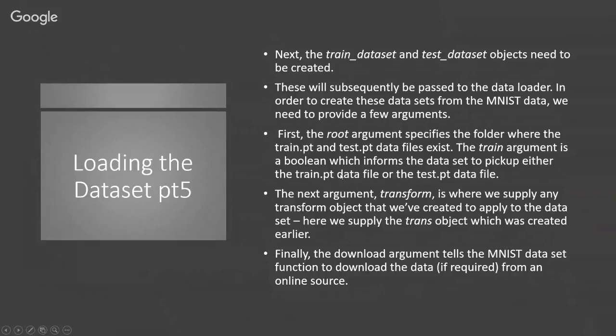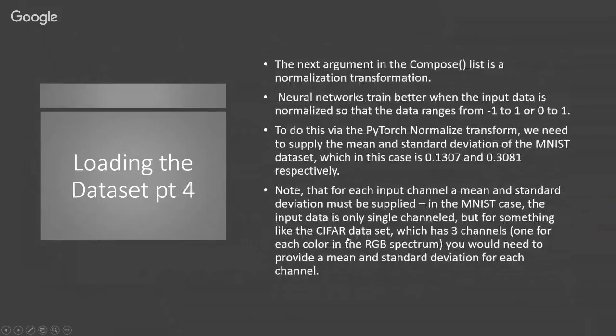The train argument is a boolean, which informs the dataset to pick up the train.pt data file or the test.pt data file. The next argument, transform, is where we supply any transform objects that we've created to apply to the dataset. And finally, the download argument tells the MNIST dataset functionality to download the data, if required, from an online source, as you can see.